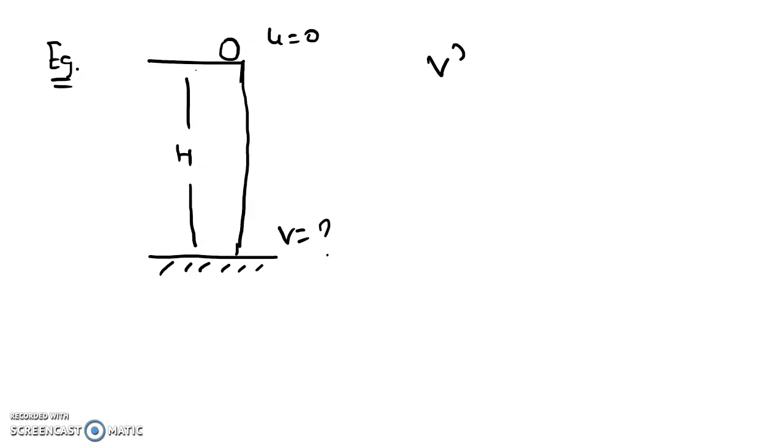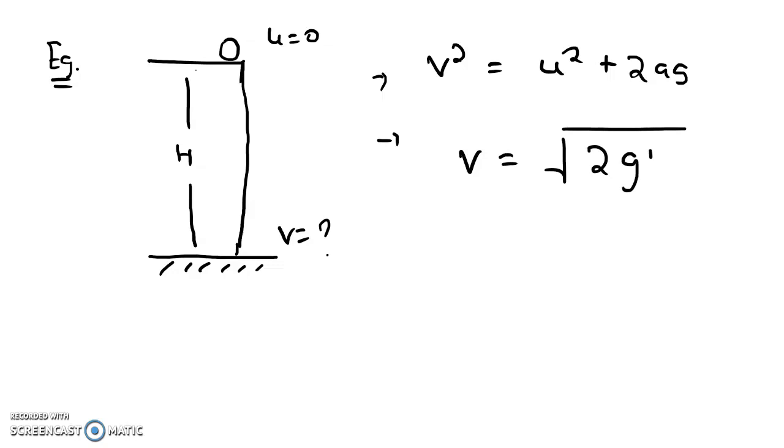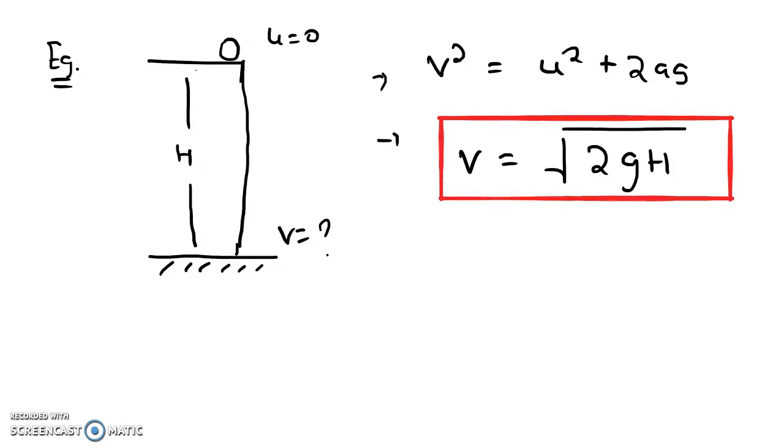There is a simple thing: v square equals u square plus 2 a s, where s is h. v I need to find, u is 0, so v is under root 2 g h, nothing more nothing less. So this is also done. There are two problems of that kind, and I have shown you how to approach them. This is not a big problem.